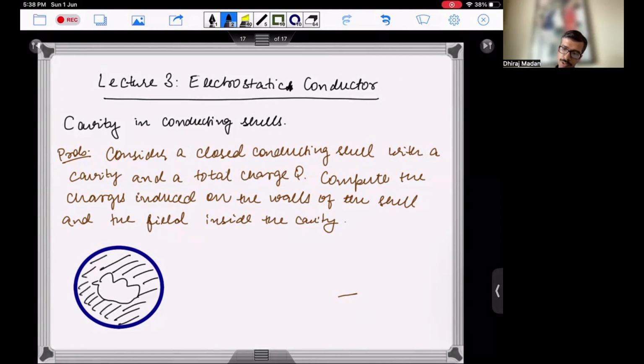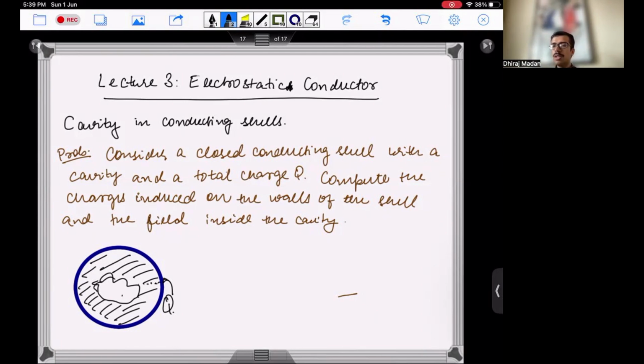This is the medium. This is a cavity. This cavity is irregularly shaped inside, but on the outside it's a perfect spherical surface. This carries a net charge of Q, the charge on that entire conducting medium. So you need to find the total charges present on the walls inside and outside, and the field inside this cavity.